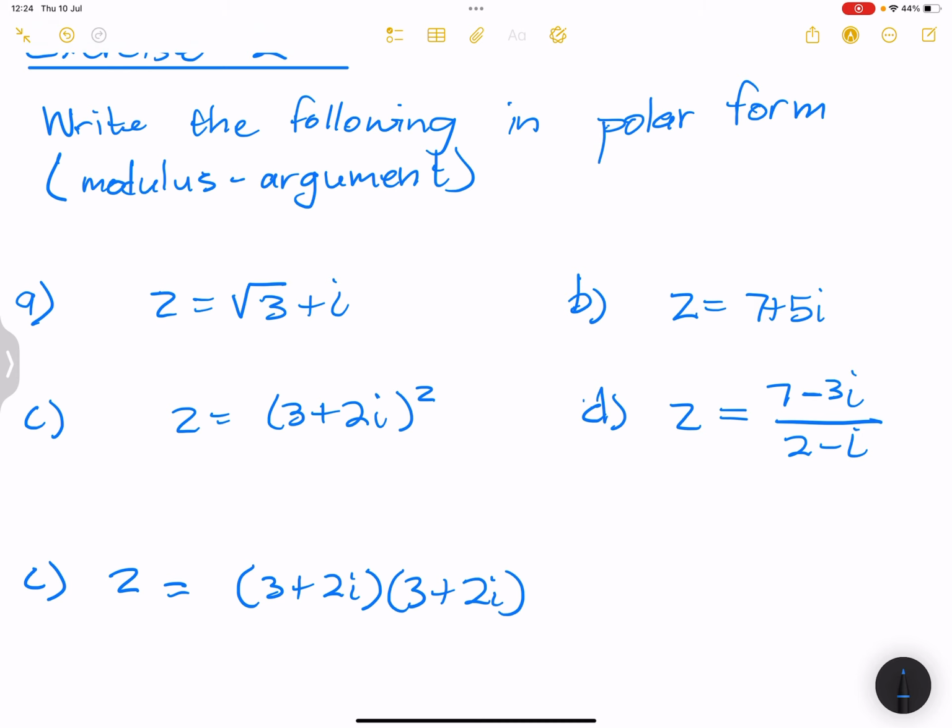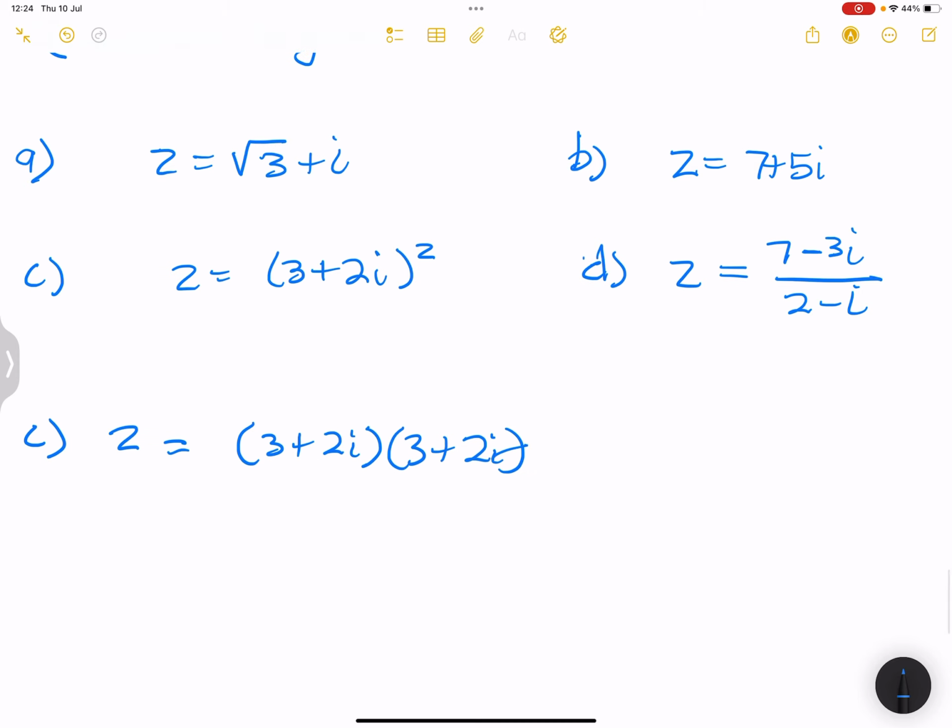But if you remember what I had told you, if you have square brackets, remember 3 squared, that's 9, plus 3 times 2, that's 6i times 2, so that's going to be 12i, plus the last term squared, 2i squared, that's going to be 4i squared. Let's simplify this.